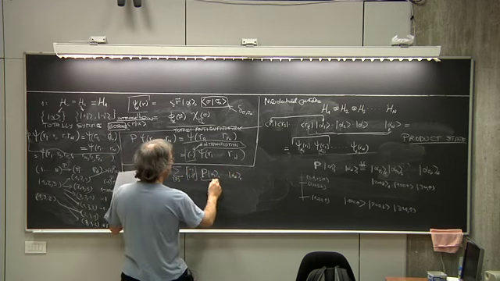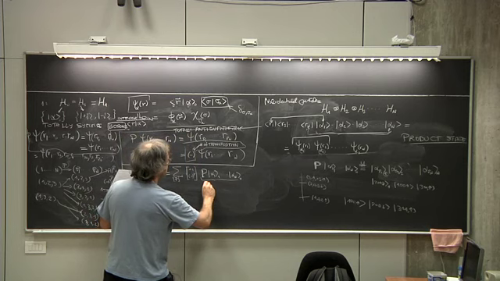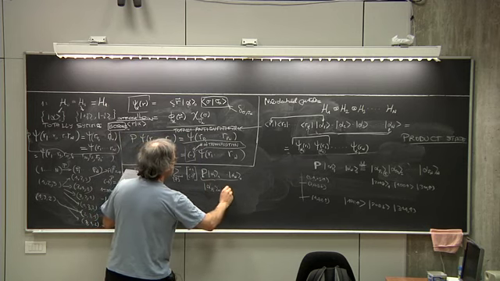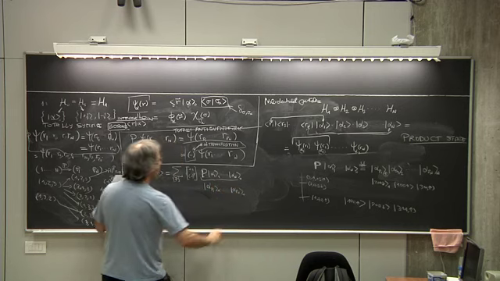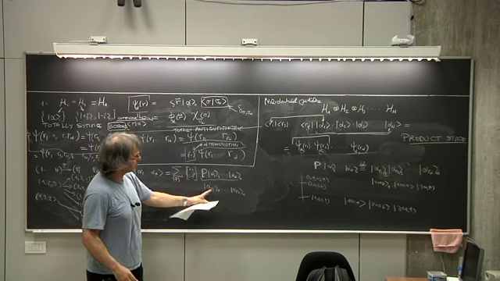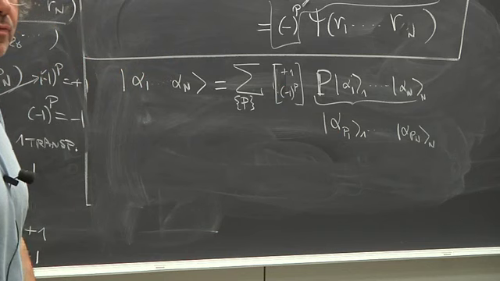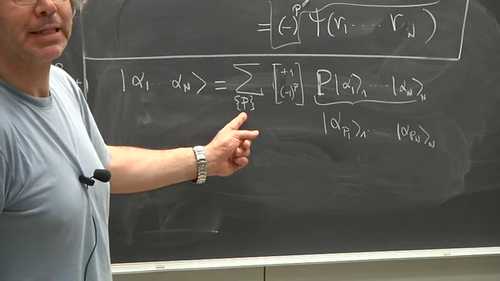Now, this object we have just rewritten, so I could also re-express it as alpha p1, alpha pn. Okay? So it's the product with the labels exchanged according to the permutation. Now I sum over all the permutations, all right?